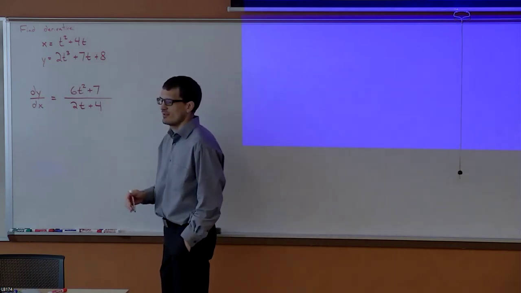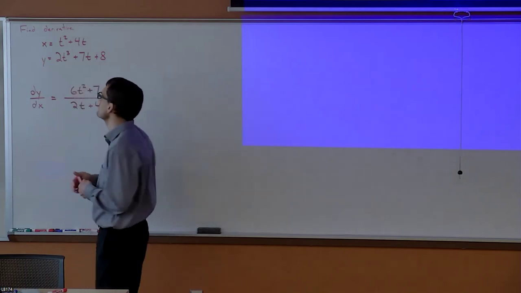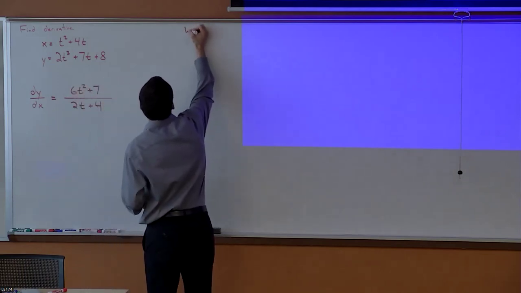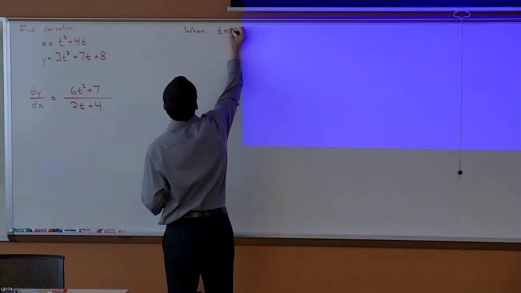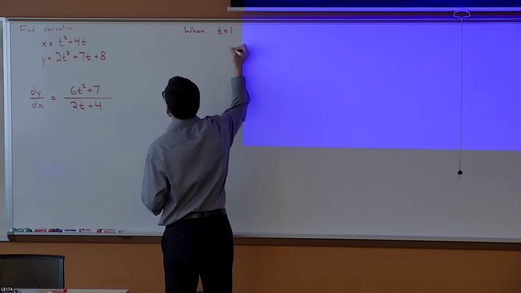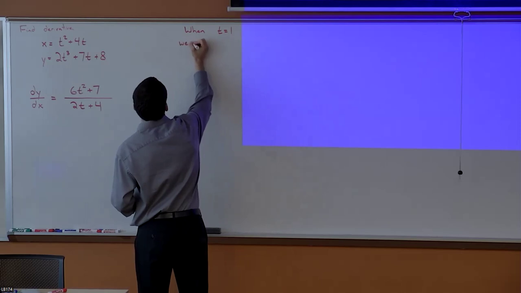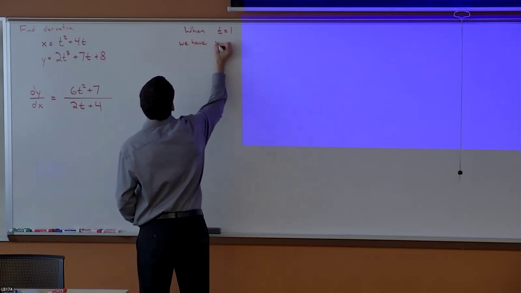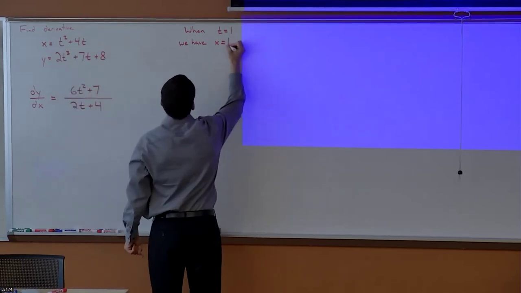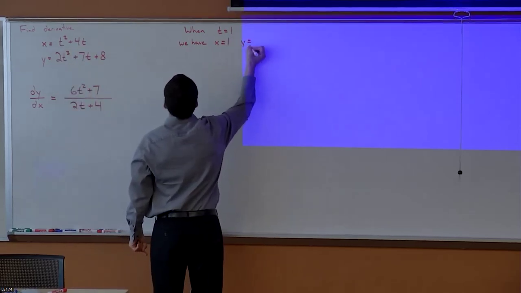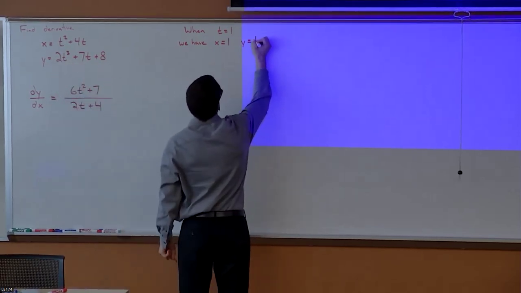Okay. So for instance, let's just go ahead and do an example. When t is equal to 1, we have x equals, well, when I plug in 1, I get a 5 for x. And y equals, when I plug in 1, I get a 17 for y.